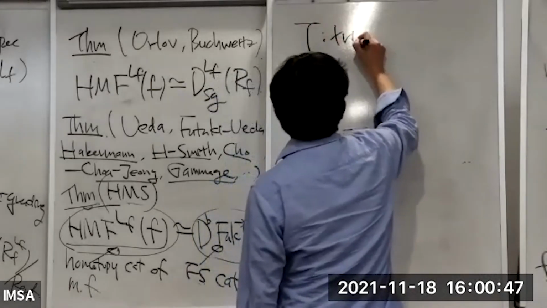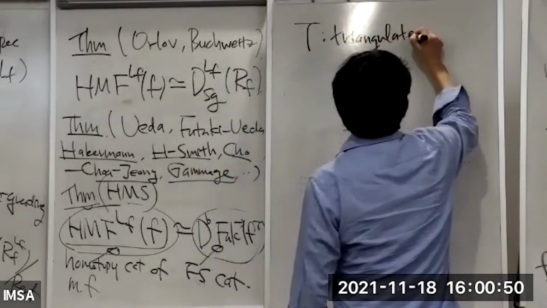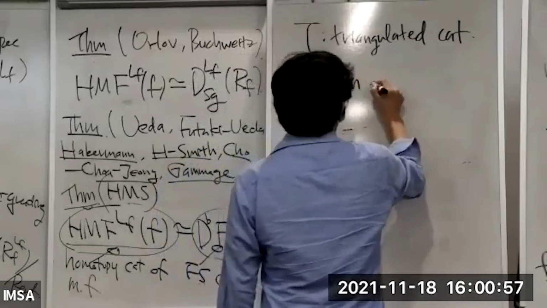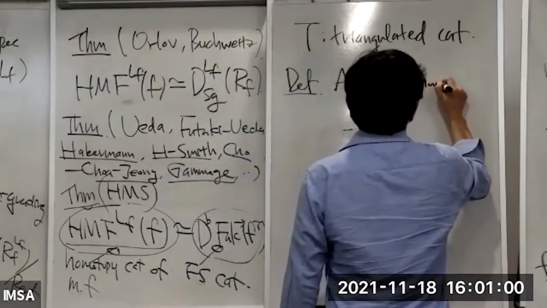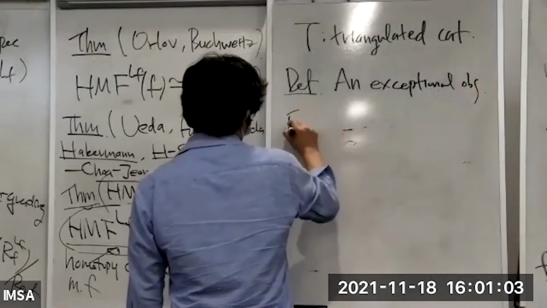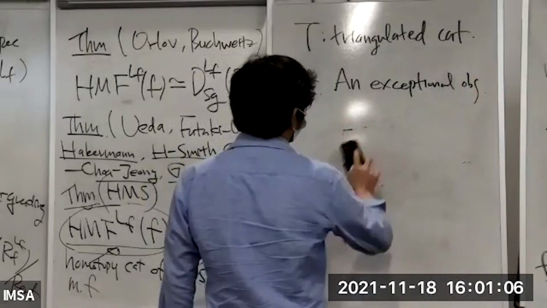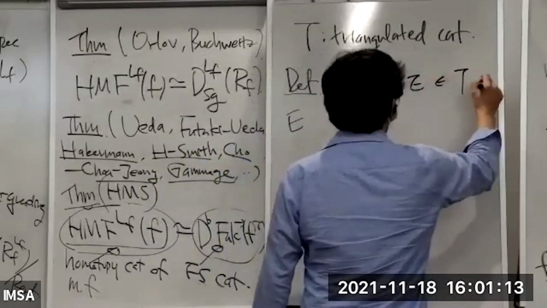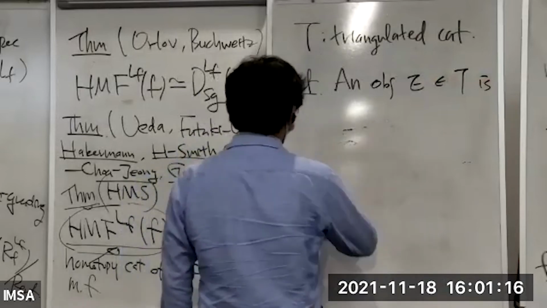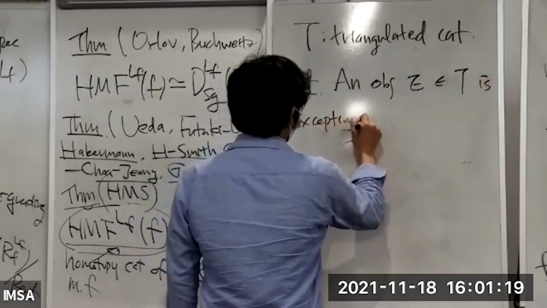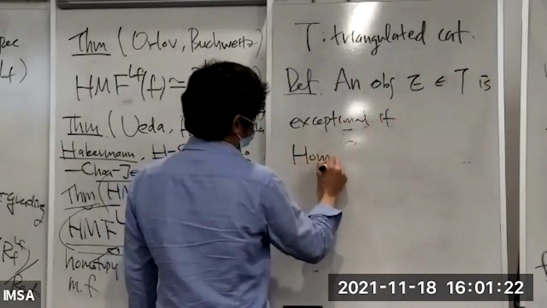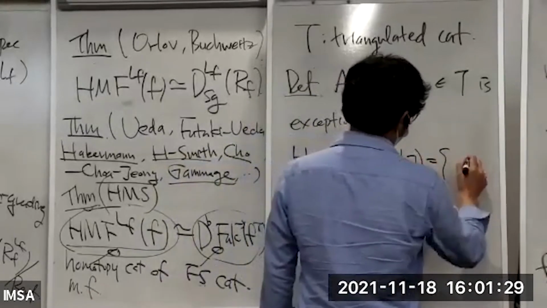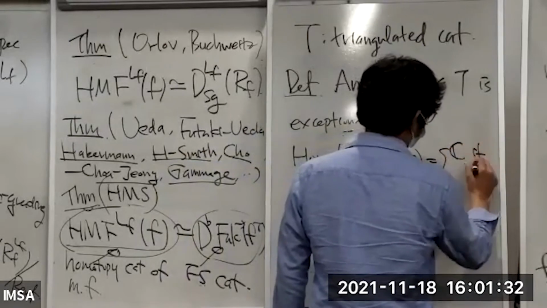Let T be a triangulated category, and the definition of an exceptional object E is: an object E in T is exceptional if Hom from E to E shifted by K is C if K is zero.